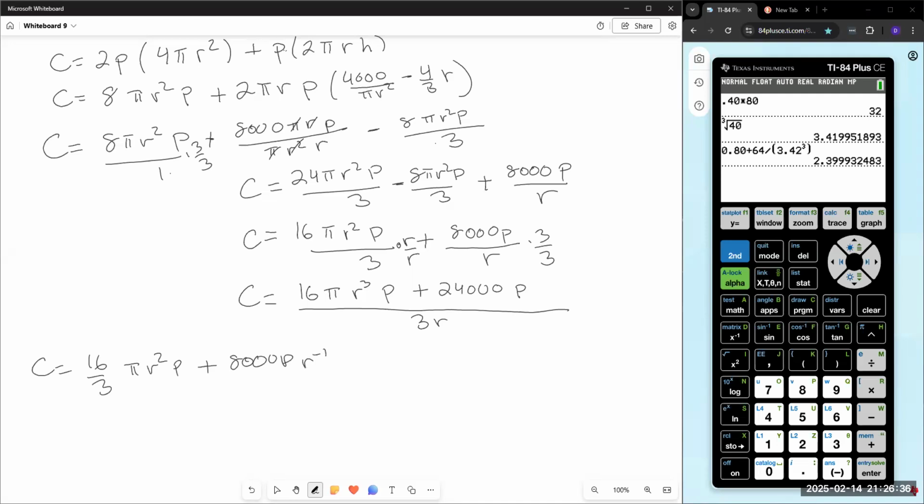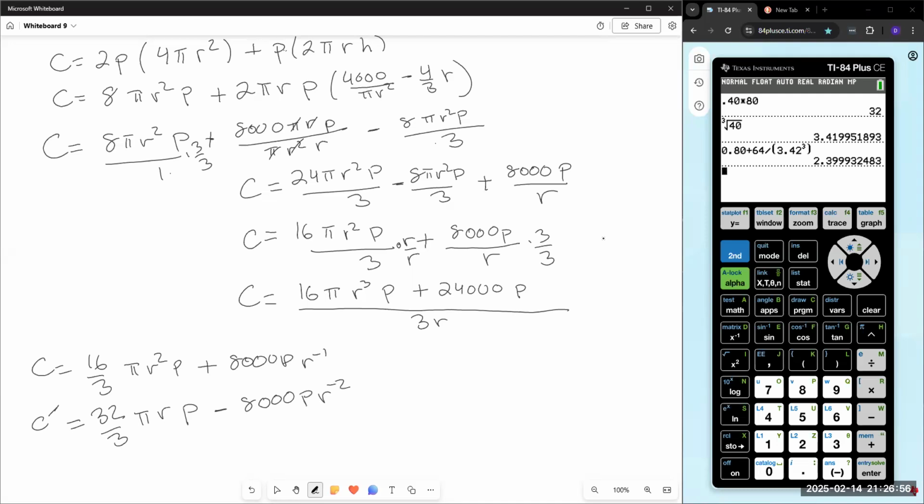So C prime, when I take the derivative with respect to r, is going to be 32 thirds pi r p minus 8,000 p r to the negative second.